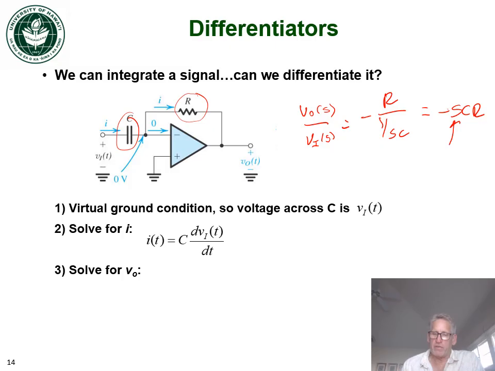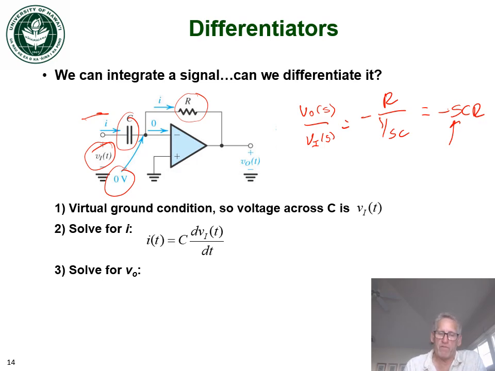Just to prove it to ourselves, more in the time domain, we have our input Vi of t. We have 0 volts at the negative terminal, and so I of t coming in here is just C dV dt.